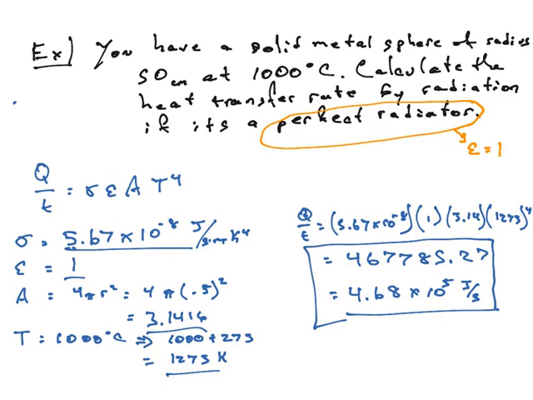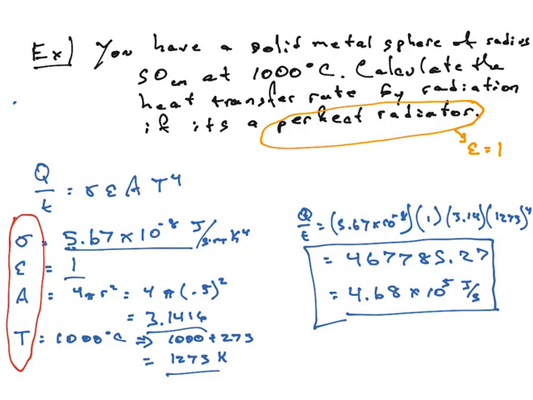Given a question on radiation, these are the things you need. Sigma is always the same number. It's a constant. Epsilon is given in the problem, either perfect radiator or radiates at 75% or emits at 100%, however it'll be said.